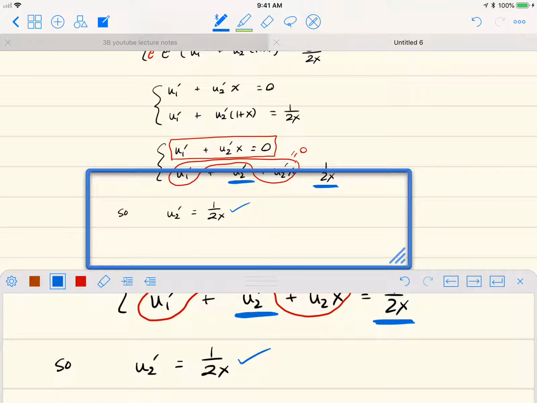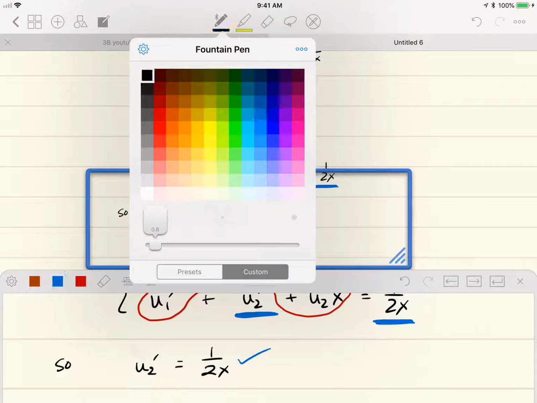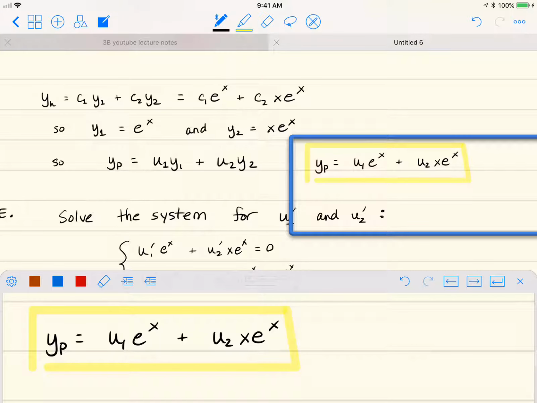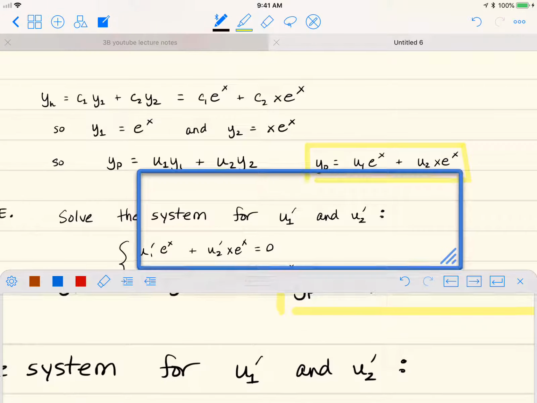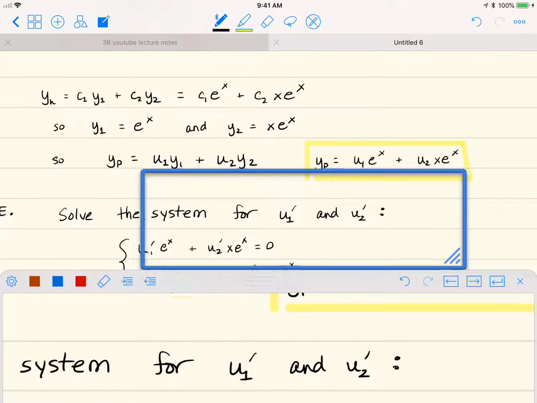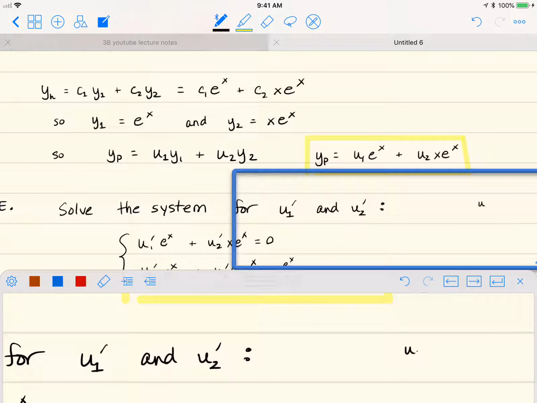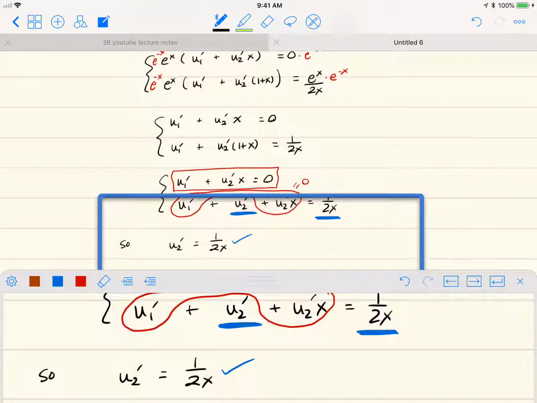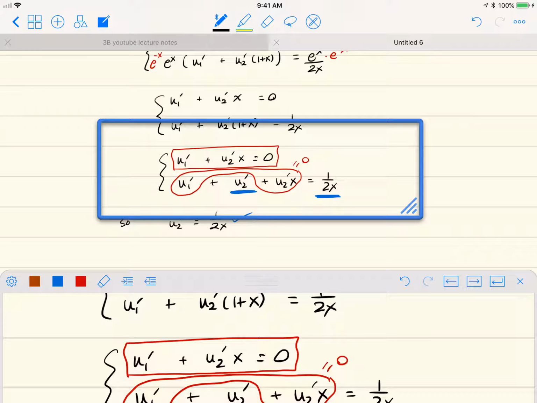Once I have u2 prime, I need to figure out u1 prime, because remember, I'm supposed to solve the system for u1 prime and u2 prime. So far, I've figured out that u2 prime is equal to 1 over 2x. Now I've got to find out what u1 prime is. In order to do that, I can go back to this first equation up here.